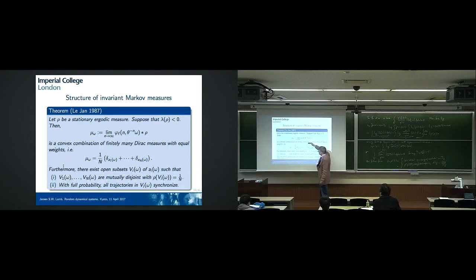This measure is a convex combination of finitely many Dirac measures with equal weights. So mu omega is a balanced finite set of Dirac measures. Furthermore, there exist open subsets B_i for each of these a_i such that they are mutually disjoint. If you have an ergodic measure, then with full probability the dynamics is automatically synchronized to this object.